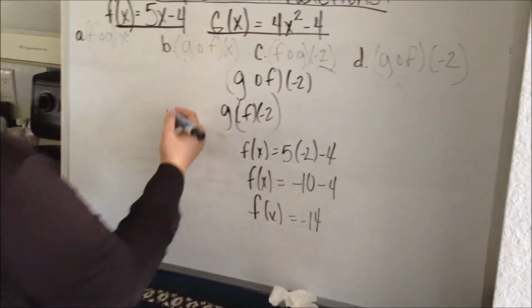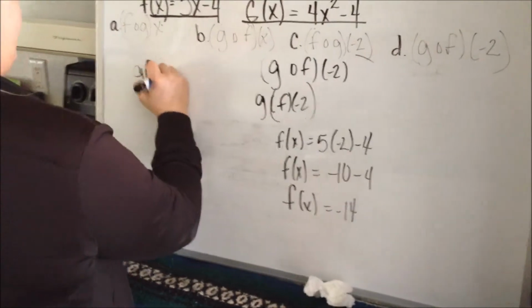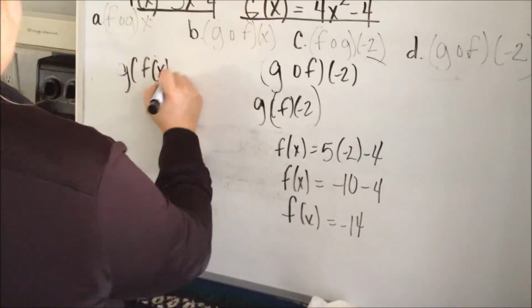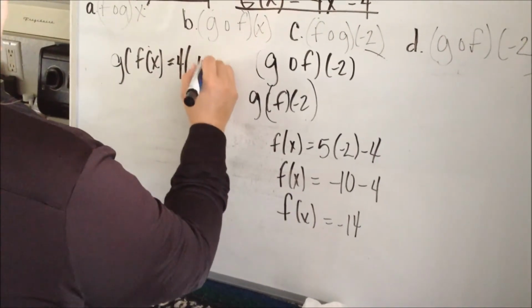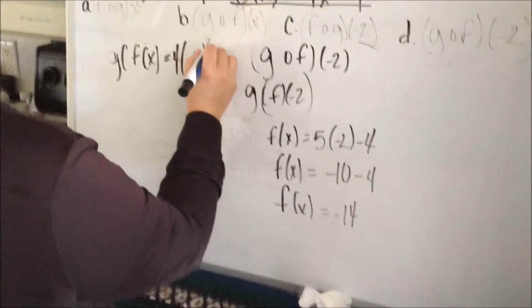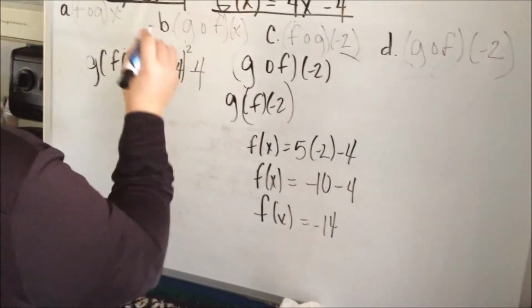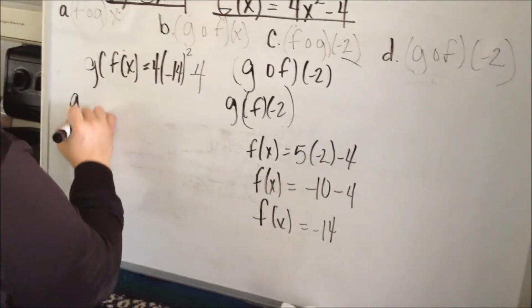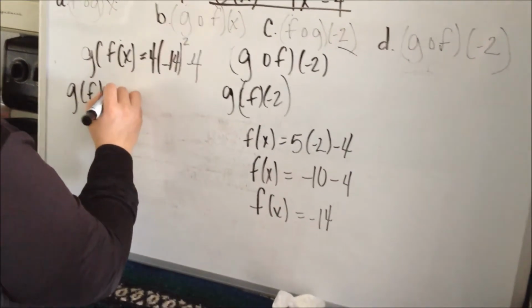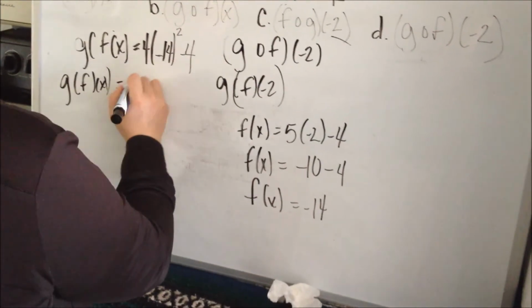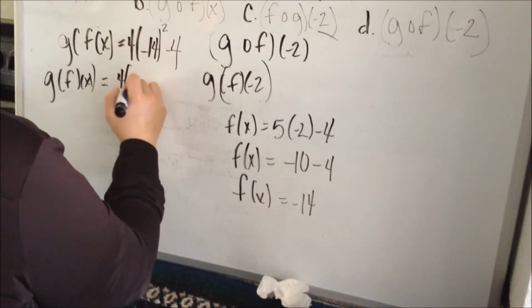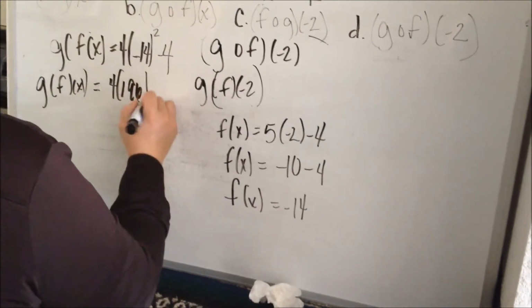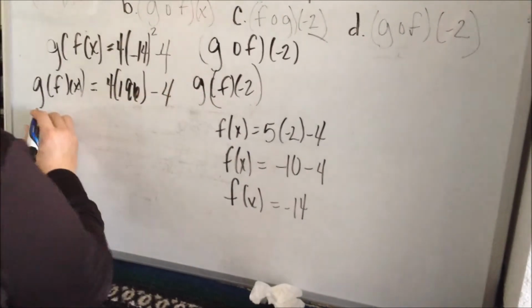So we're going to plug that in to our g of f of x, which is going to equal 4. We're going to take our negative 14 and plug it in, squared minus 4, which we're plugging into our equation. So then g of f of x is going to equal 4 times negative 14 squared, which is 196, minus 4.